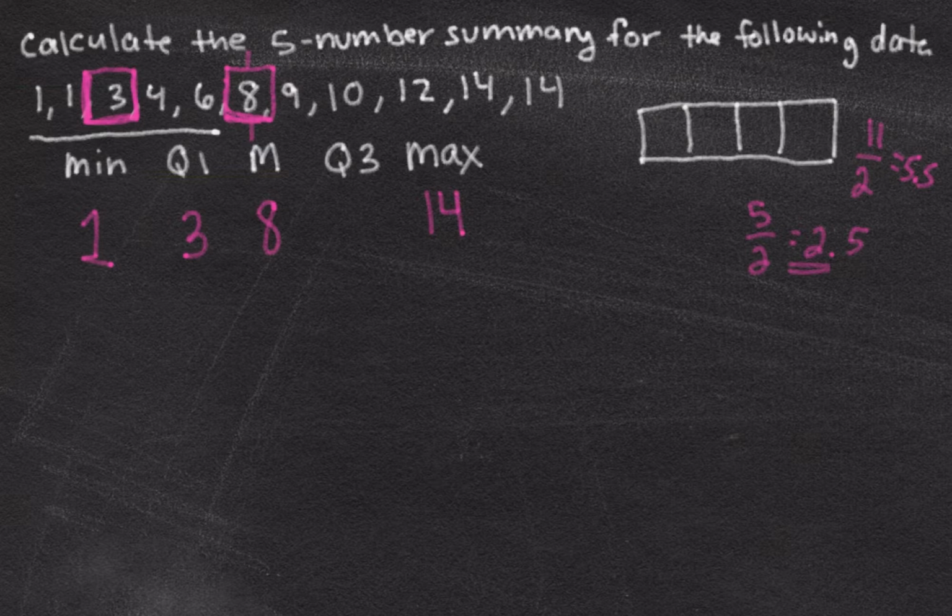So then to find Q3, basically what I've done so far is I divided my data in half at the 8, and then I looked at the first half of the data and divided that in half and found the 3. So now I'm going to look at the upper half of my data and divide that in half. Okay, so there's 5 numbers, which means there will be 2 on each side of our median. So the median of the upper half of the data is going to be 12.